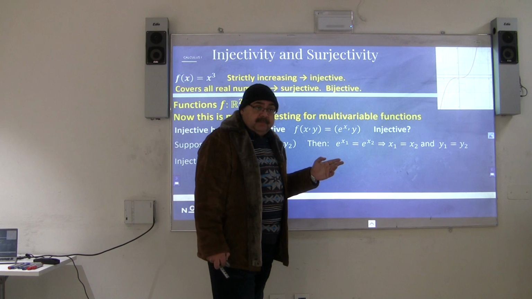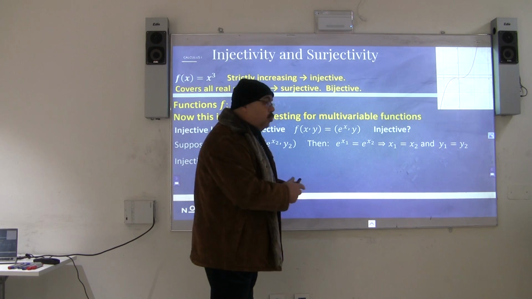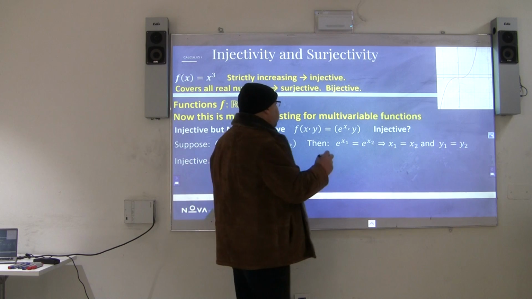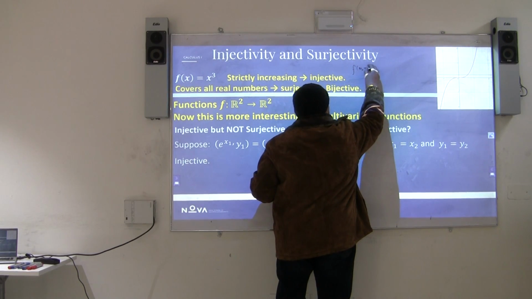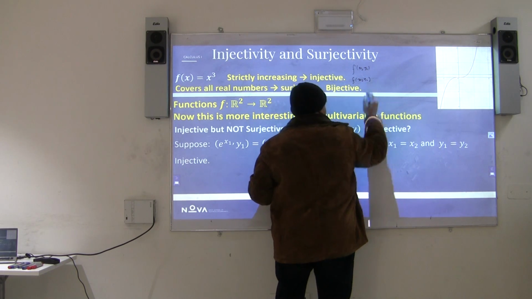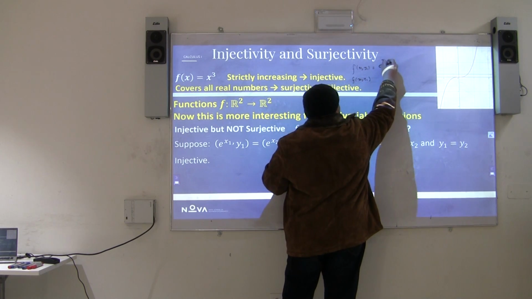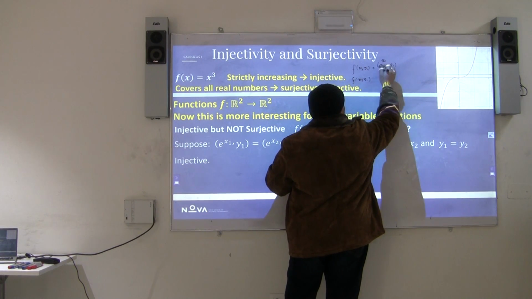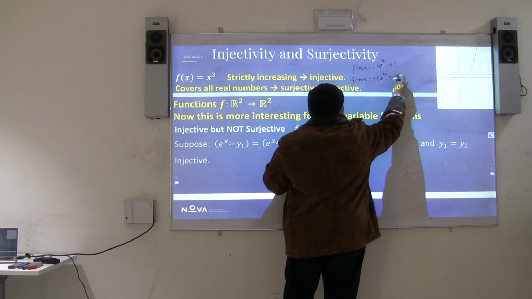Let's check. The check is very, very simple. Let's take f at (x1, y1) and f at (x2, y2). f of (x1, y1) will be (e to the power of x1, y1), and f of (x2, y2) will be (e to the power of x2, y2).